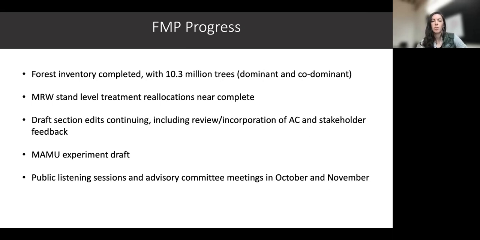We got the go-ahead to apply that same process to the remaining sub-watersheds in the MRW. Those reallocations are near complete. We expect them to be completed this week, and we'll be sharing those out to this group the same way that we shared the information back in August.